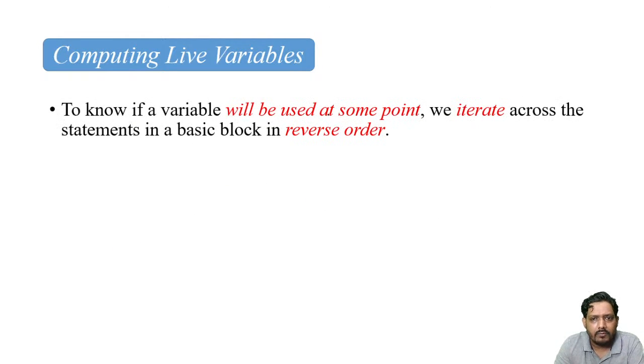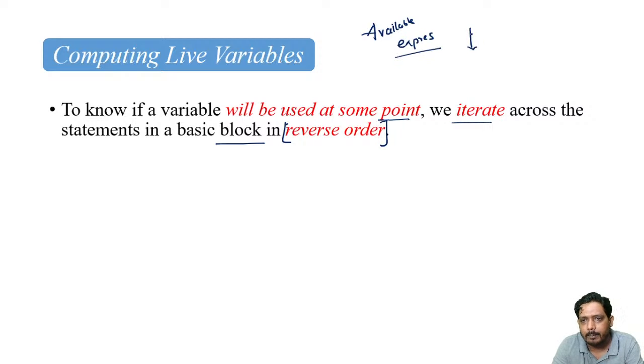To know if a variable will be used at some point of time, we iterate across the statements of a basic block in reverse order. So when we did the available expression analysis, we iterated down in what? Forward order.